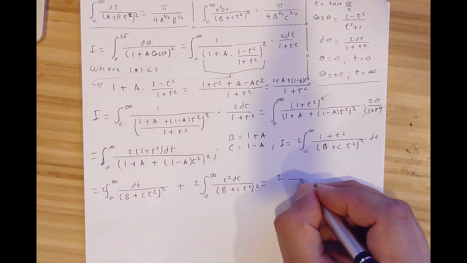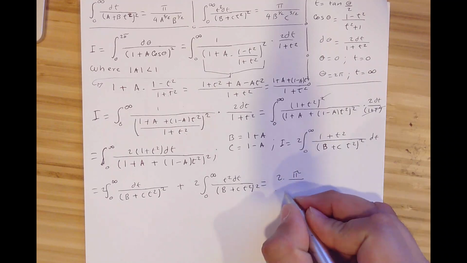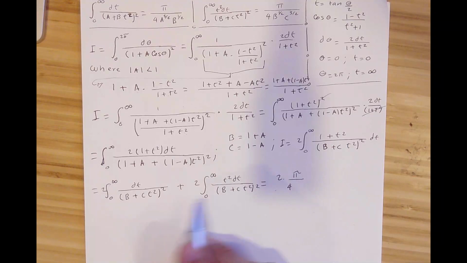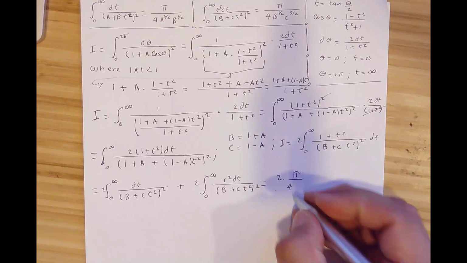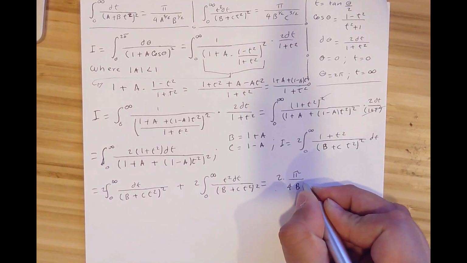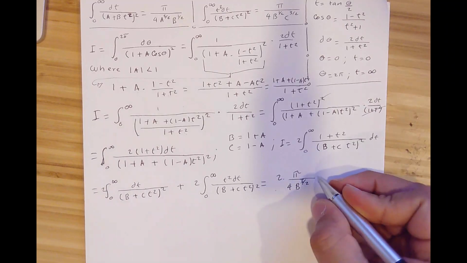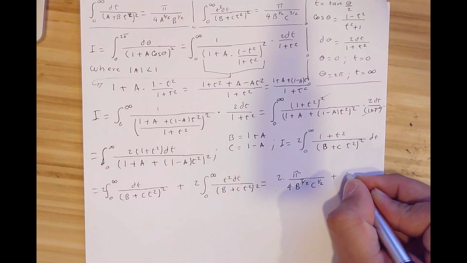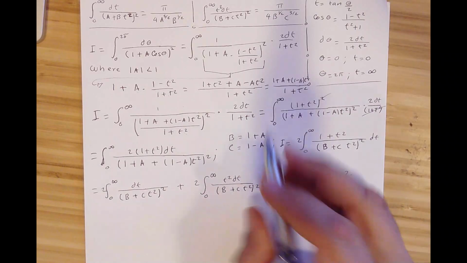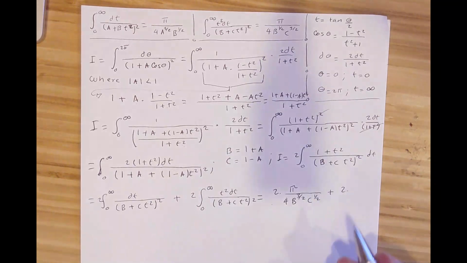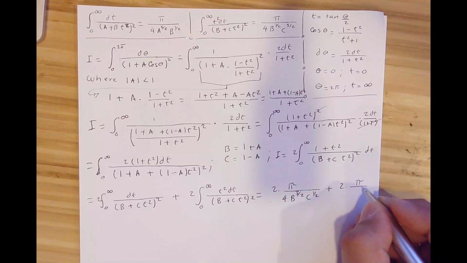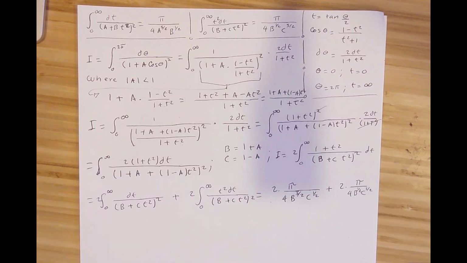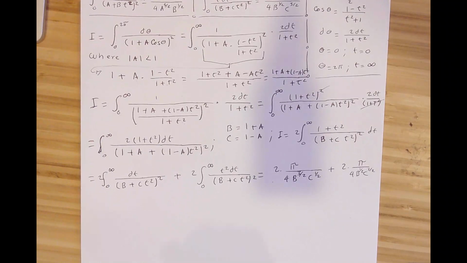That multiplies by pi over 4, in this case this b will be my a here, so b to the minus 3/2, c to the minus 1/2, plus 2 that multiplies the solution of this, which is the one that we have here, pi over 4, b to the minus 1/2, c to the minus 3/2, right?